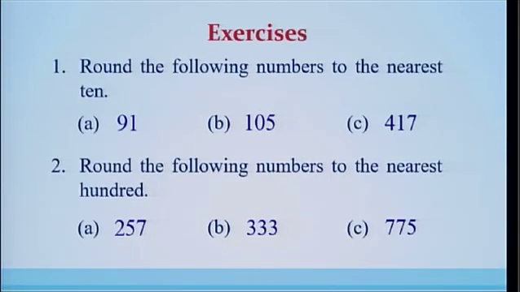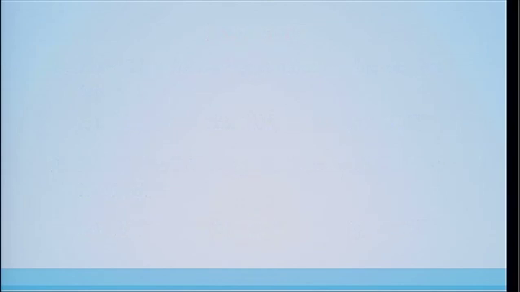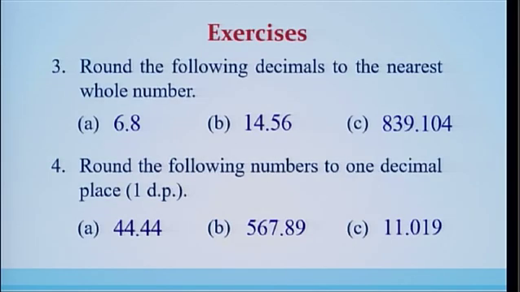Here are some exercises for you to practice. In the first exercise, you're going to round the following numbers to the nearest 10. In the second one, you're going to round the following numbers to the nearest 100. In the third exercise, you're going to round the following decimals to the nearest whole number.